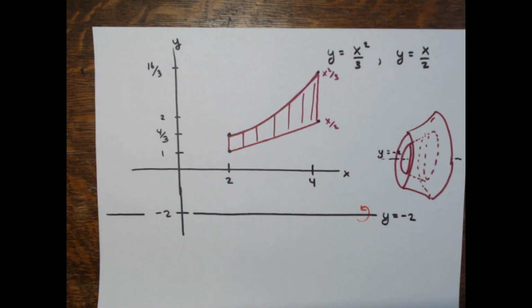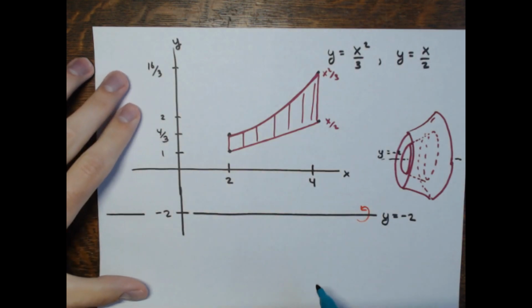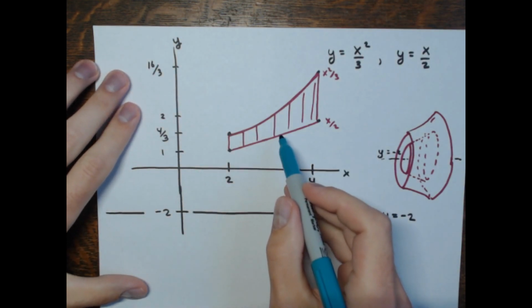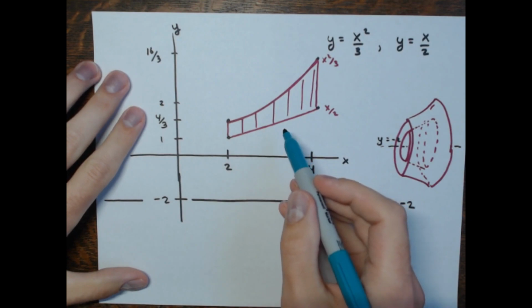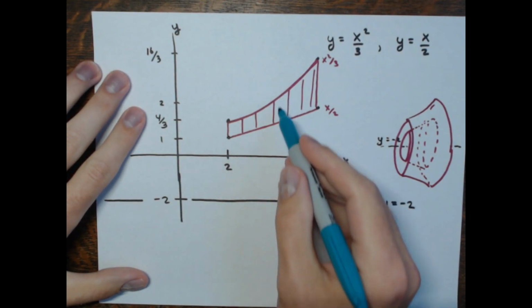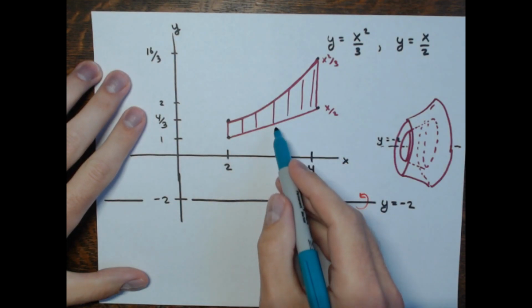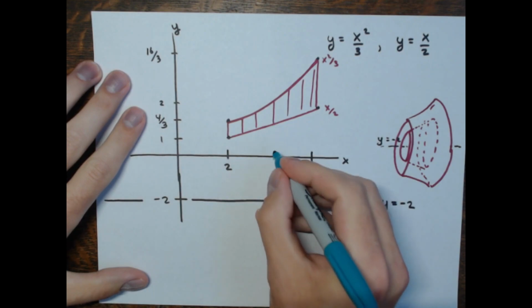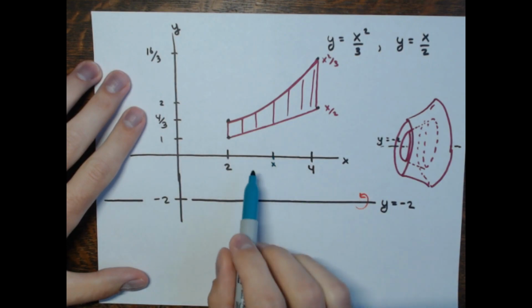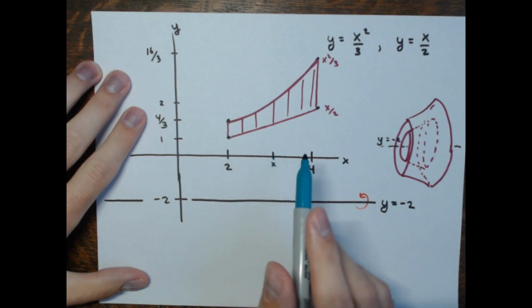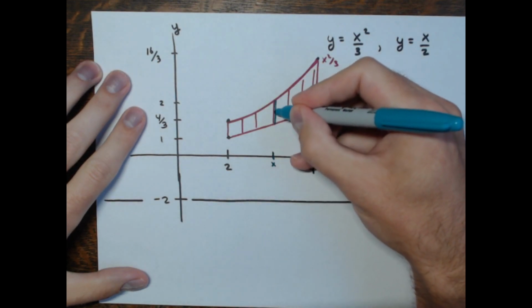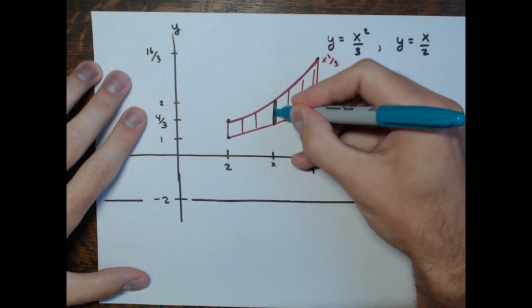So what we do now is like we did with the disk method. They said use washers, these things called washers. If I'm doing disk or washer, I'm going to make a slice perpendicular to y equals -2, perpendicular to the line we're rotating around. So that'll be a vertical slice, and every vertical slice corresponds to some x coordinate. So I take an x coordinate here between 2 and 4, and I make a slice in this region over that x coordinate.